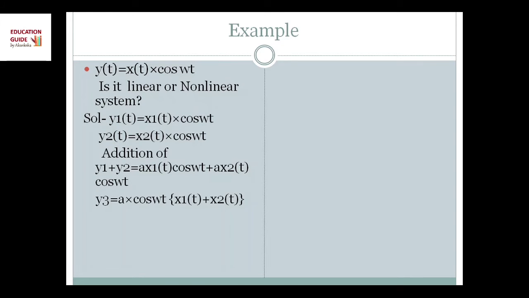And we put in question x(t) = x1(t) + x2(t). So we got y3. y3 = a cos ωt [x1(t) + x2(t)]. So y3 is equal to y1 + y2. So it is a linear system.